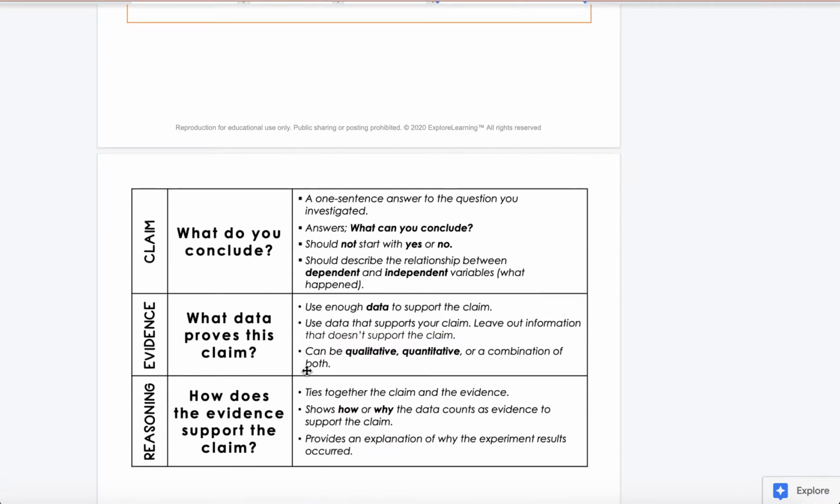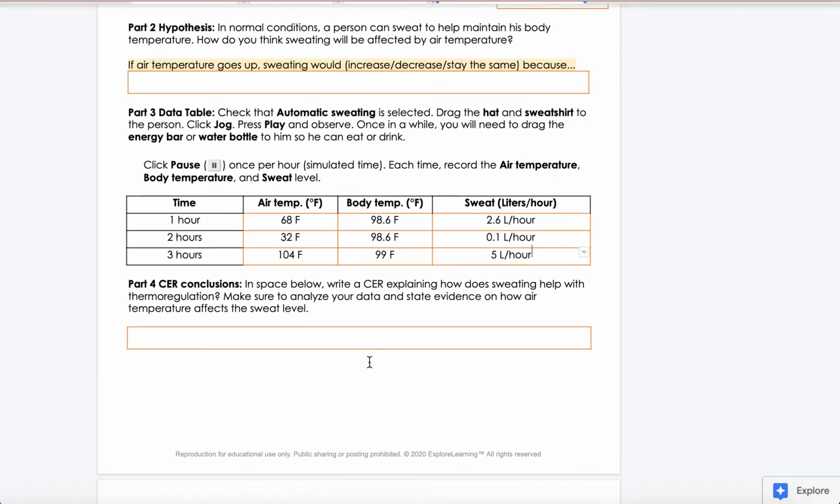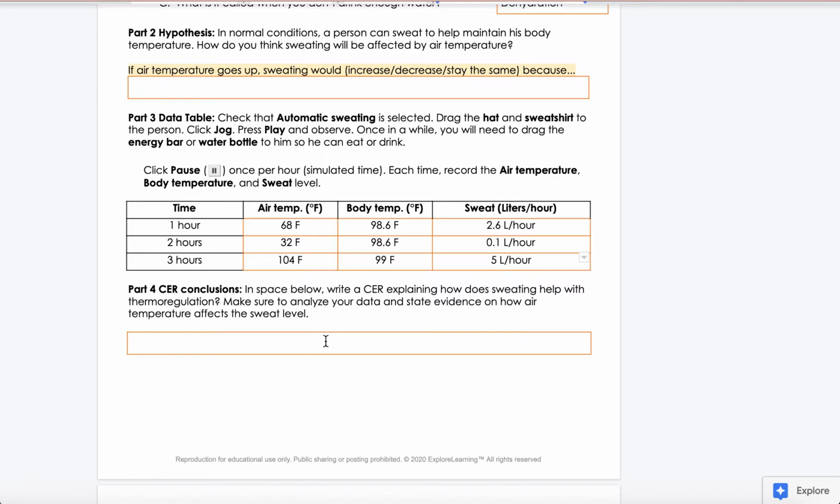For your evidence, this is something that we really want to talk about. You want to make sure that you are using numbers from your data table. So if you only say right here in your CER, as temperature goes up, sweat goes up, period. If that is the only sentence, that is only the claim. That is not the evidence. To include your evidence, you want to make sure to state numbers from the data table that we collected as the class.